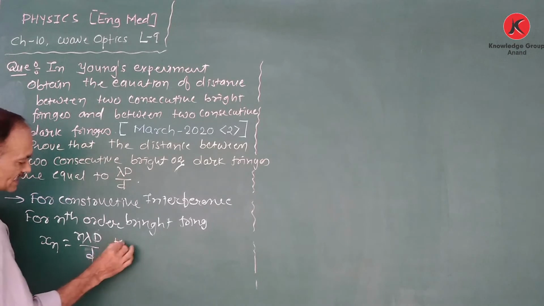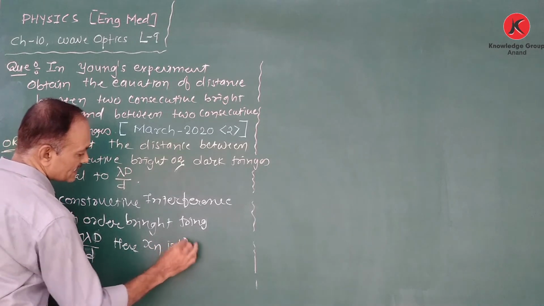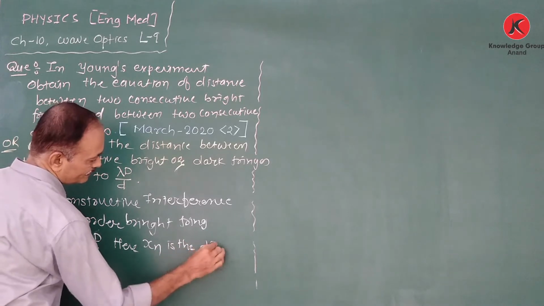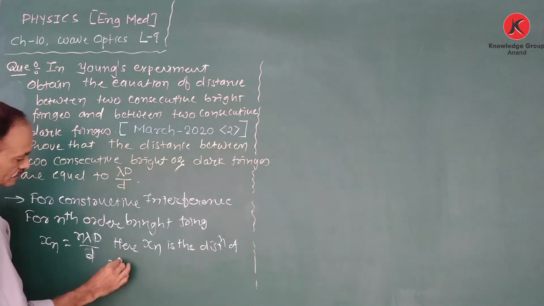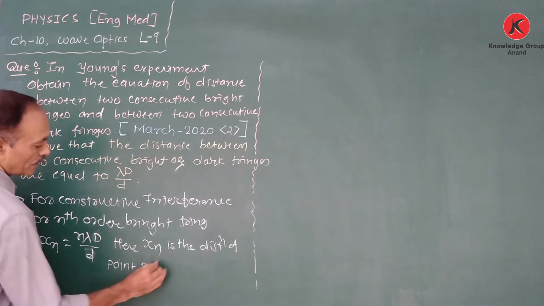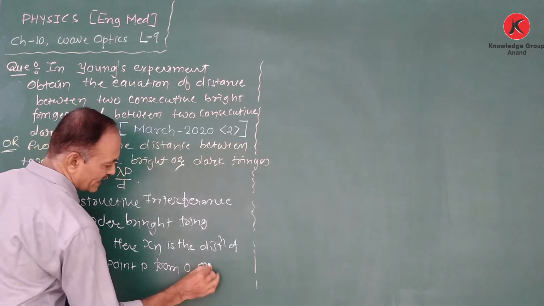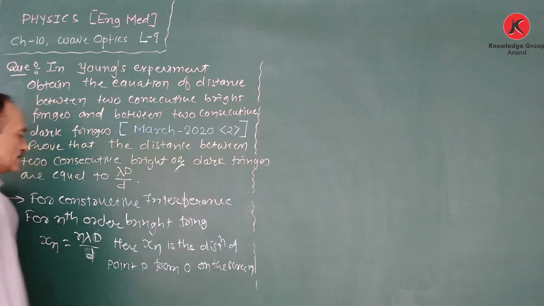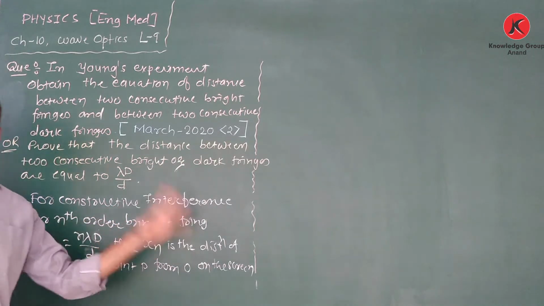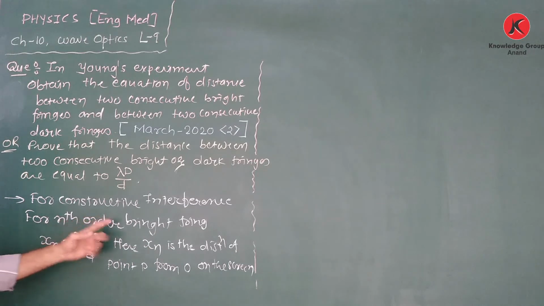Here xn is the distance of the point from O on the screen at which the nth order bright fringe is obtained. That is for the nth order bright fringe.